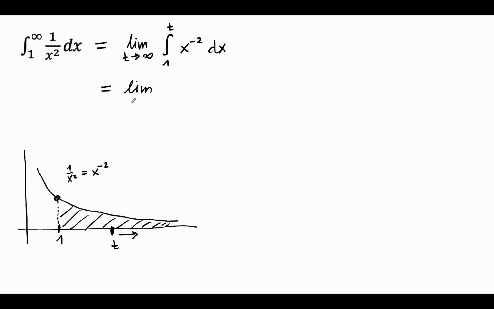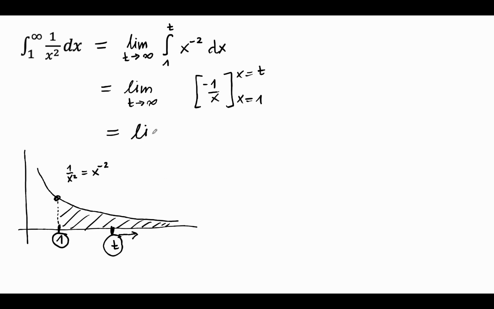This is equal to the limit when t goes to infinity. The antiderivative of this function is negative 1 over x, and we'll use the fundamental theorem of calculus. We want to know what this function is equal to at 1 first of all, and then at t, the upper limit of integration.